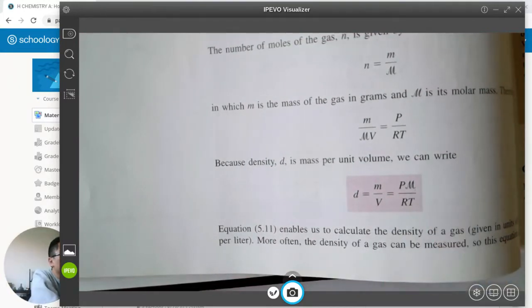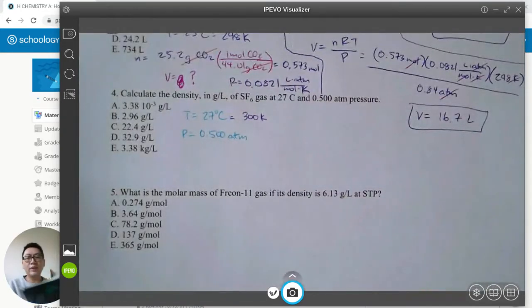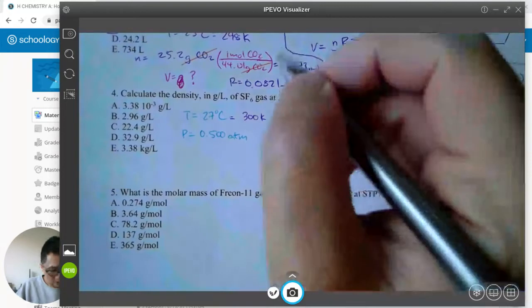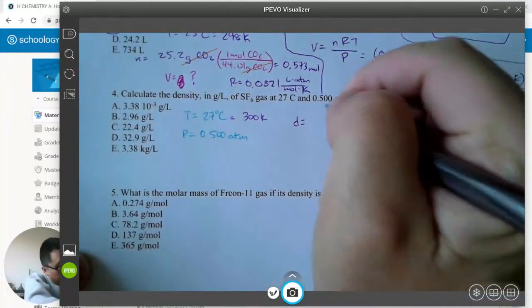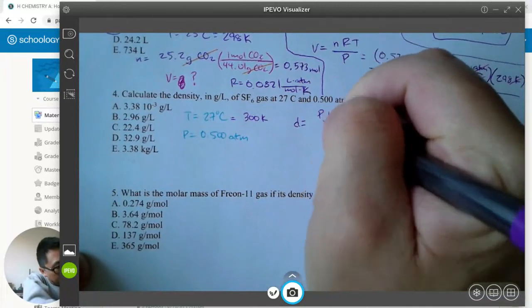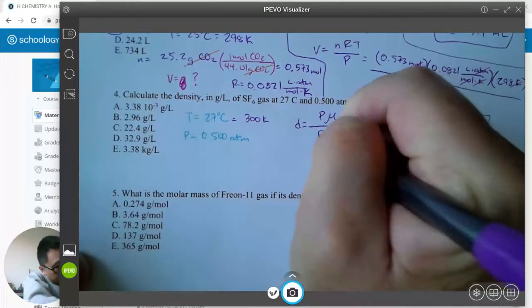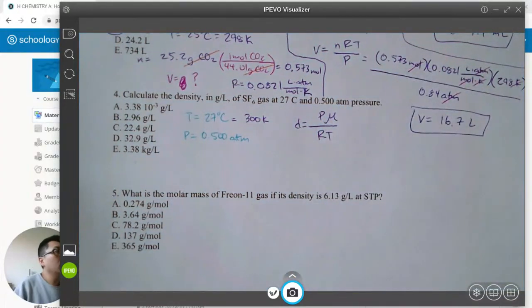That was also in the notes when I went over it before. So let me write down that equation again. Density is equal to pressure times molar mass of the gas over RT.